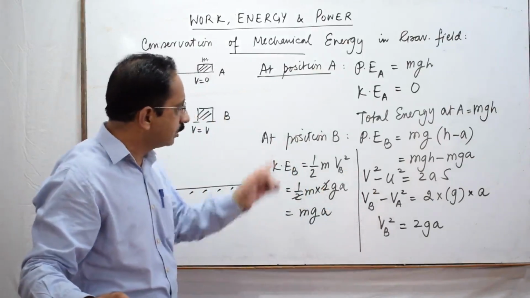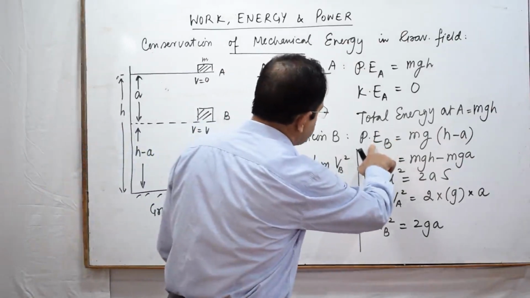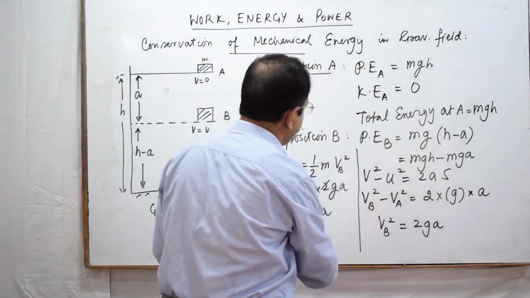Now if we find the total energy at B, we can see that it will be the sum of potential energy and kinetic energy.